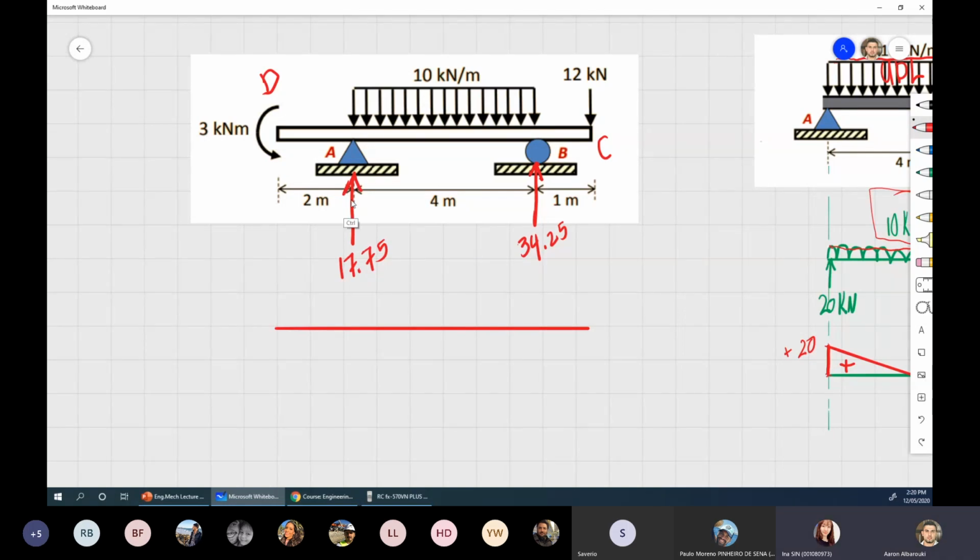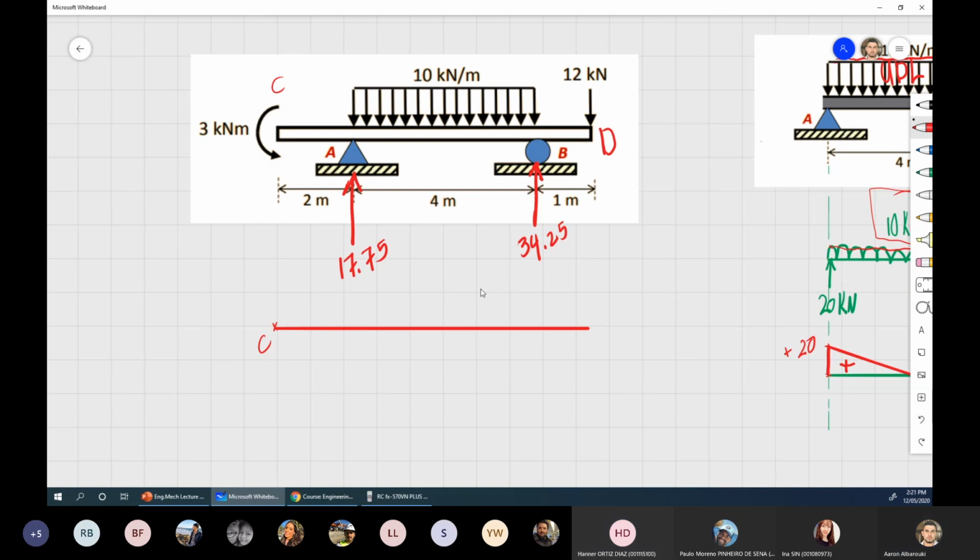The opposite, okay. That's D and that's C. So if I'm starting at point C here, what shall I do? No forces, so going to the right.